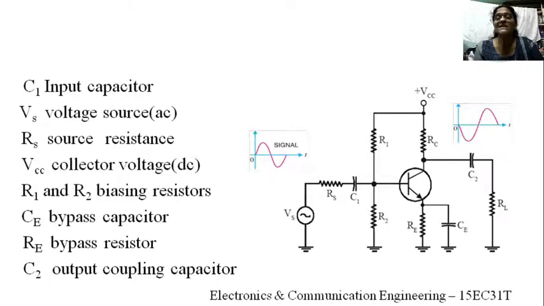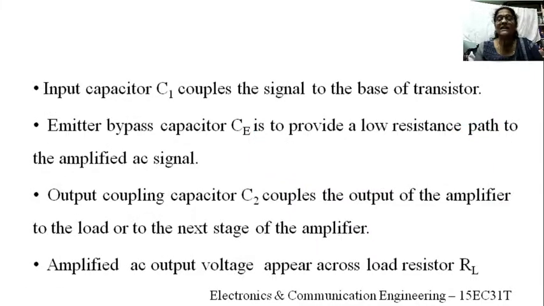RE is the bypass resistor, and RC is the collector resistance, where we take the output. RL is the load resistor. Across the load resistor we get the amplified AC output voltage. That is the last point: the amplified AC output voltage appears across the load resistor RL.